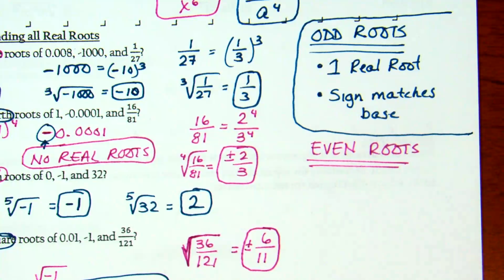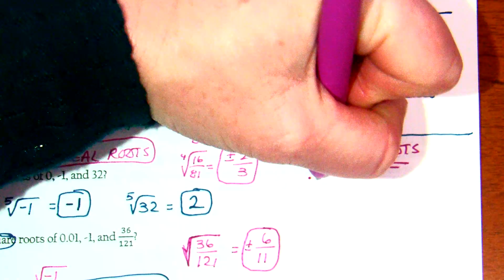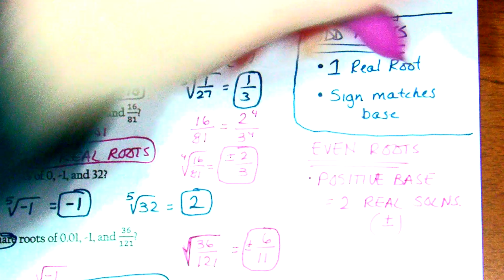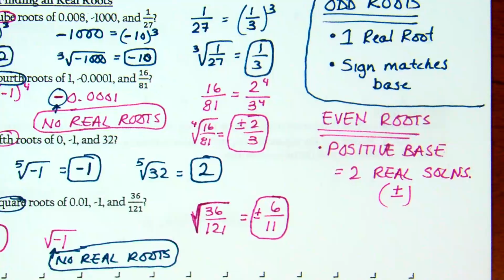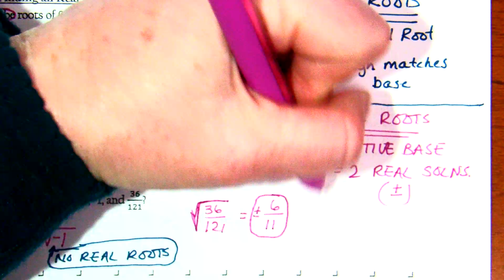So a positive base is going to equal 2 real solutions, those 2 real solutions being plus or minus. What about if it was a negative base? No real roots. Because if it's square root, fourth root, and so on, we can't do it. So a negative base equals no real roots.